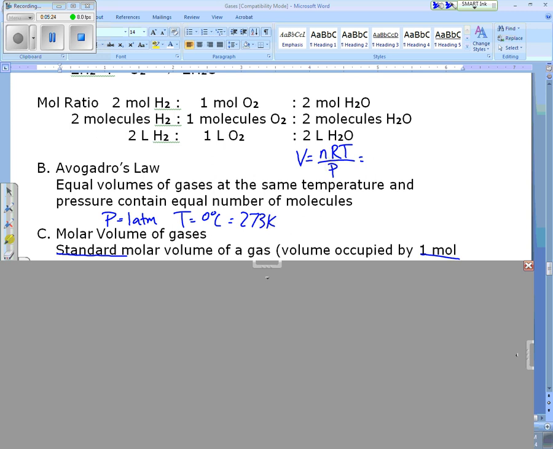And then if we plug these numbers in, 1 mole times 0.0821 liter atmosphere per mole Kelvin, times my temperature, 273 Kelvin, over my standard pressure, which is 1 atmosphere, you're always going to get the exact same answer. What is that when you calculate?